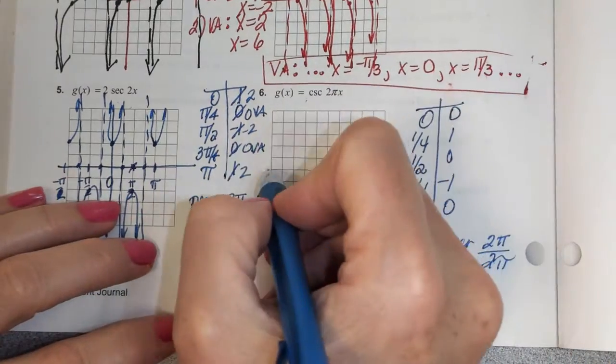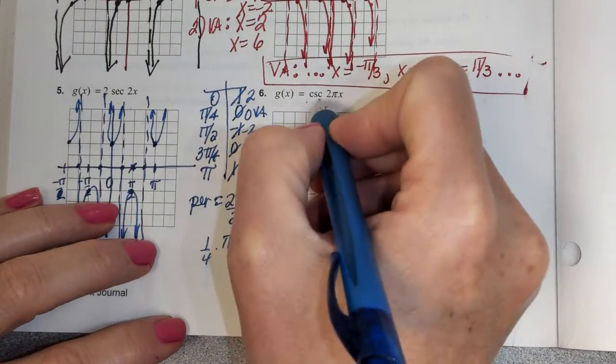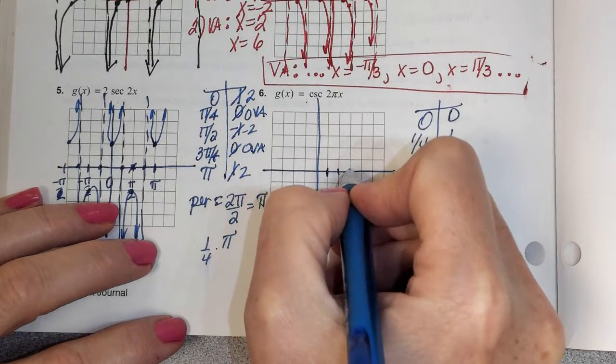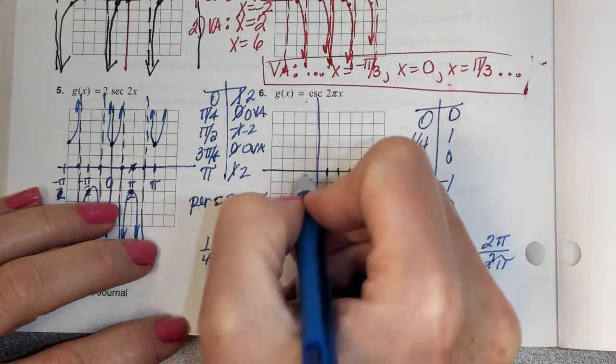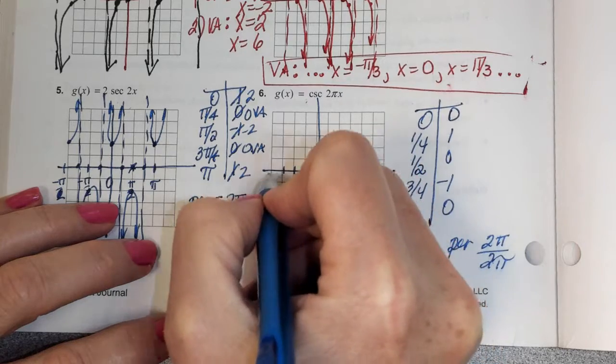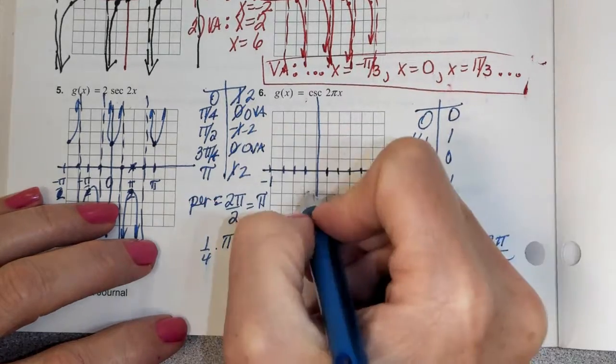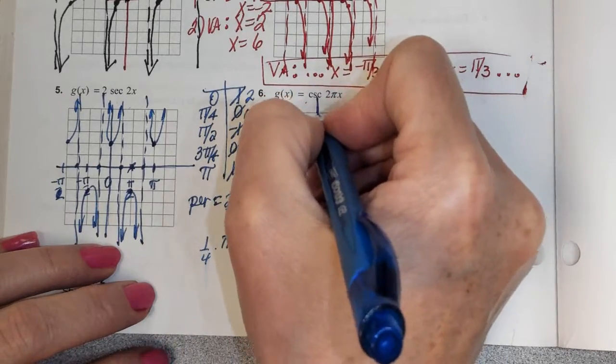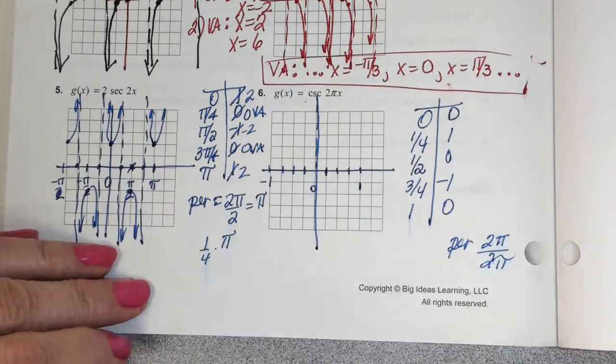Okay, so I'm just going to go ahead, make my axes. I'm going to make these go by a fourth. So there's out to 1. There's out to -1. So I'm going to have an asymptote here at 0. I'll do this in red.